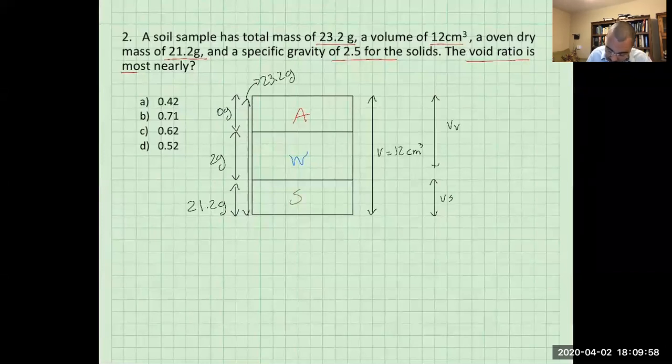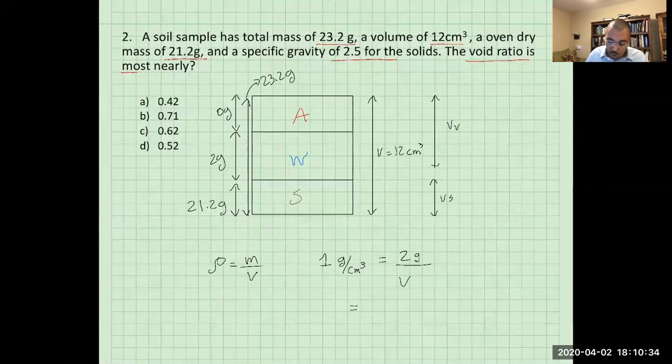And again, we'll start with the basic relationship that density is equal to mass divided by volume. And because we have grams and centimeters cubed, we can say that the density of water is 1 gram per centimeter cubed, and that's equal to the mass that we have for water, which is 2 grams, divided by the volume.